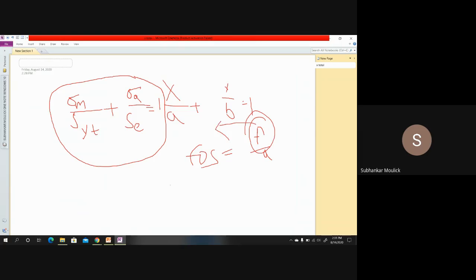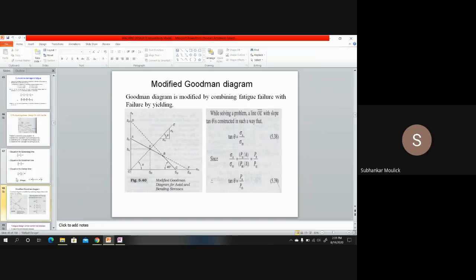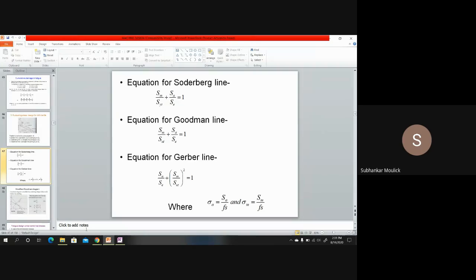Failure stress is say SA. SA means endurance limit of any particular component when amplitude stress is acting. So your factor of safety becomes failure stress SA by allowable stress sigma A.